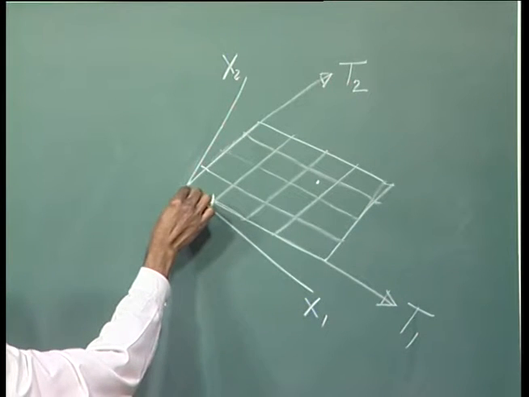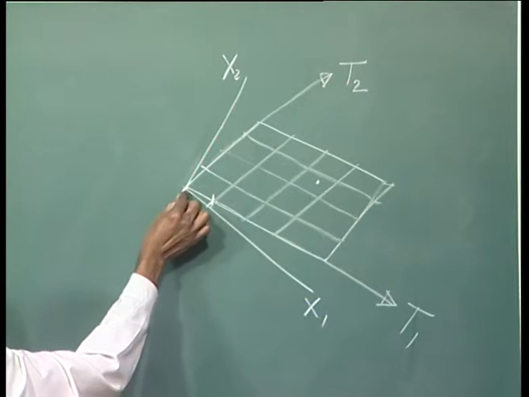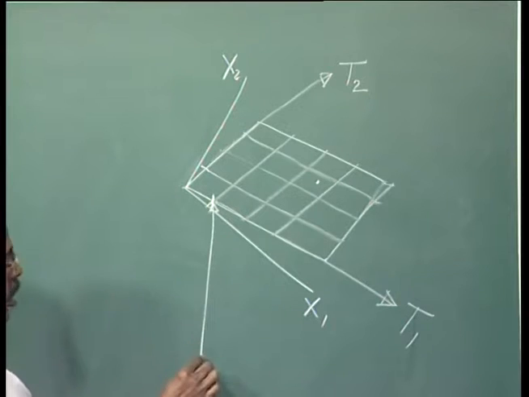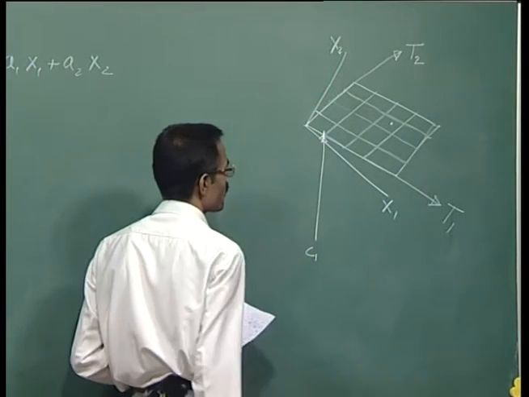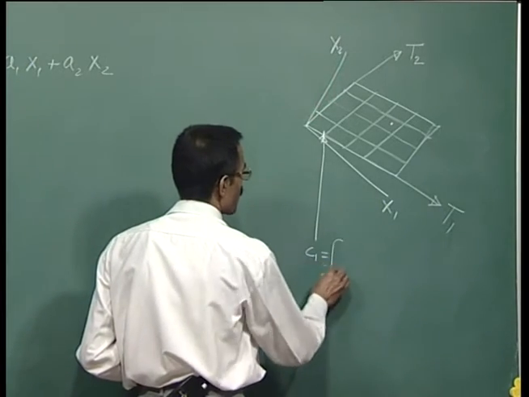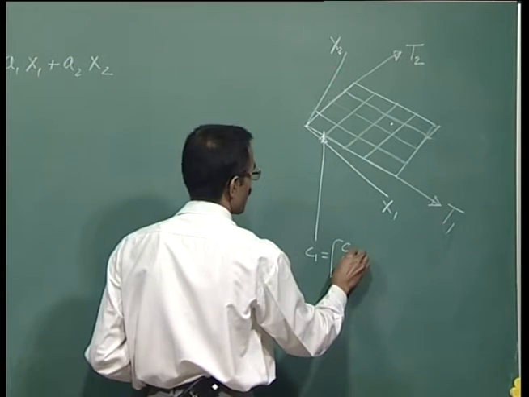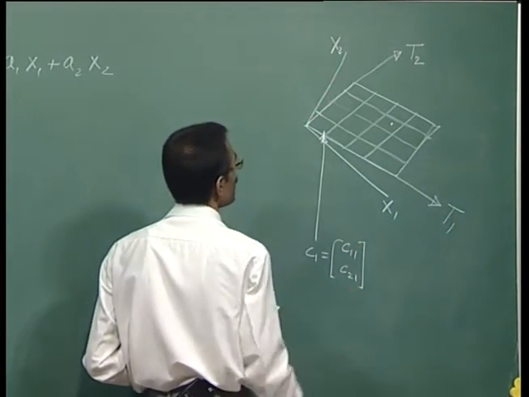So, for that we take this unit and say how much it is from here to here. This point in the original system, suppose it is described by a vector c1, which is this much along x1, this much along x2, like this.